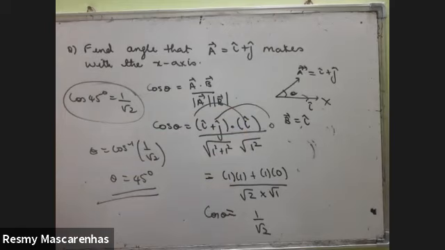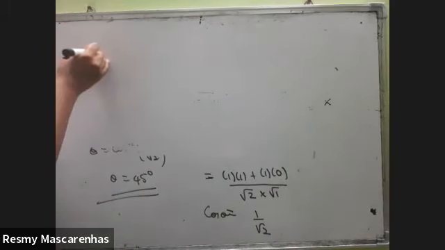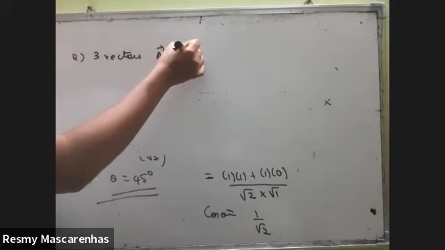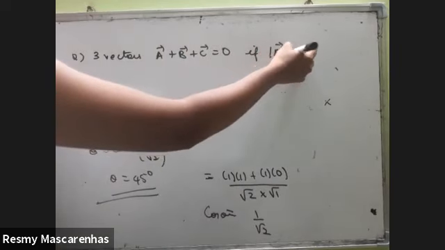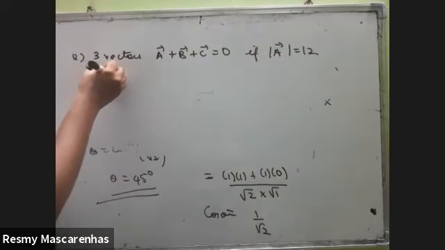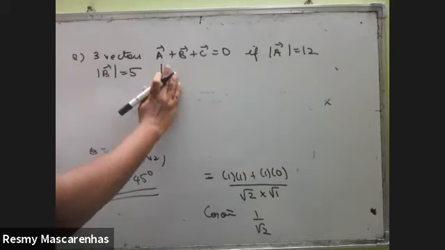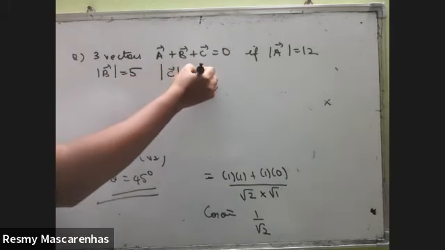Next question. Three vectors a bar, b bar and c bar satisfy a bar plus b bar plus c bar equals 0, if the magnitude of a bar is 12, the magnitude of b bar is 5, and the magnitude of c bar is 13.